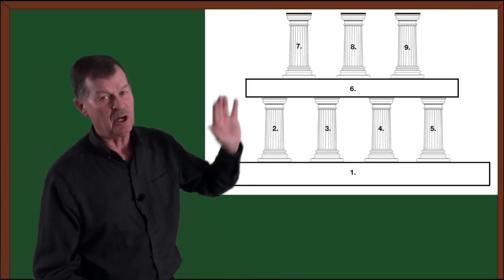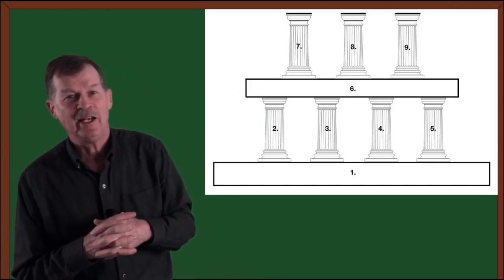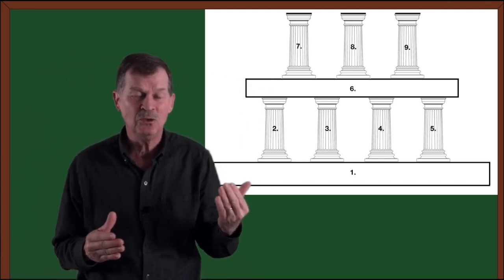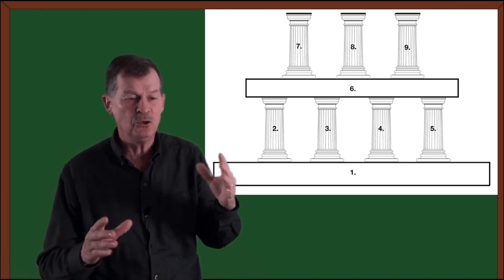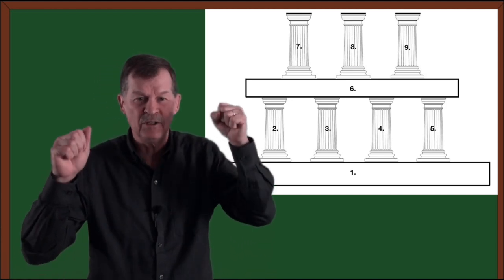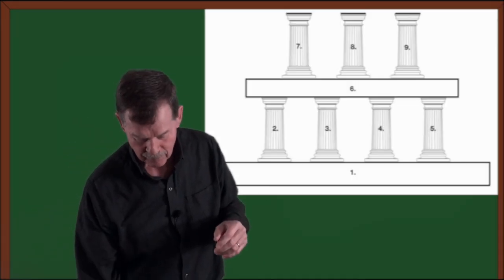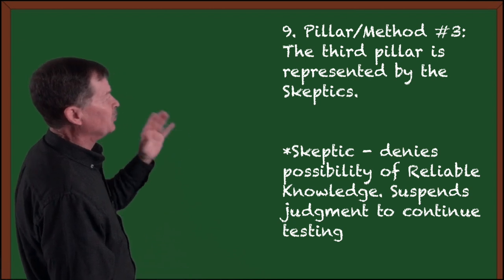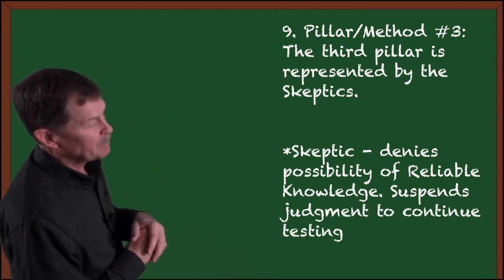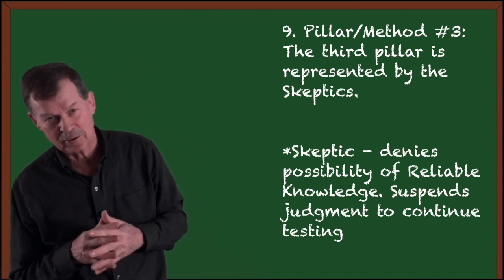Now there's a third column, less related to the other 2 as a physical way of getting to reliable knowledge. The third pillar is represented by skepticism, by the skeptics.